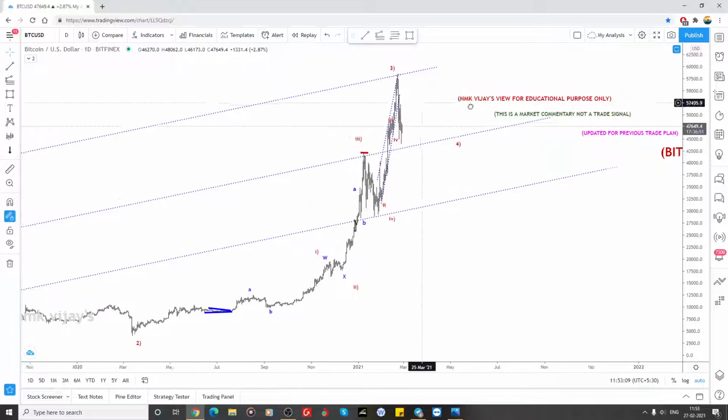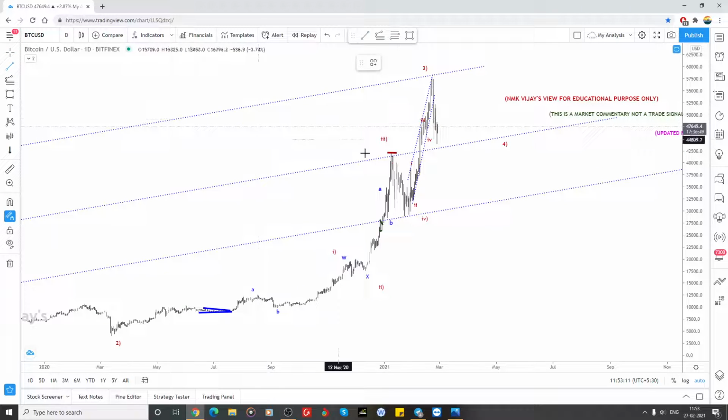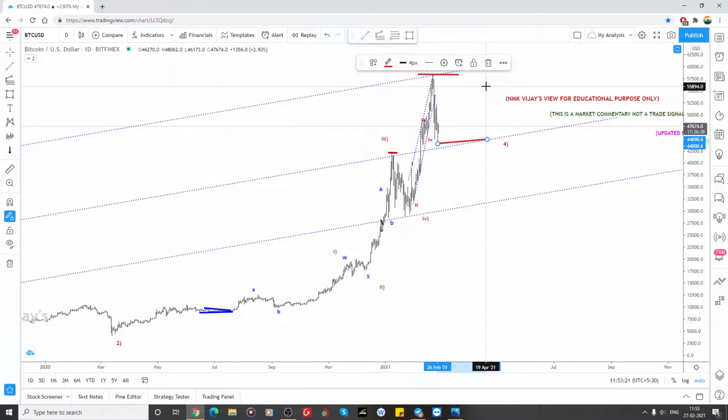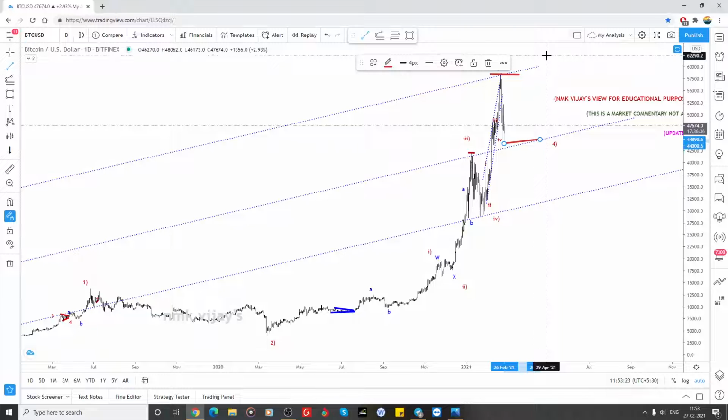It's impossible. Otherwise what you have to do is the same plan. If it crosses above this high, we need to make that the stop loss, and then you have to look for further price action if it comes. But the risk reward is very low, because same thing here, if we entered here, we have to place the stop loss here, and it's almost 1:1.